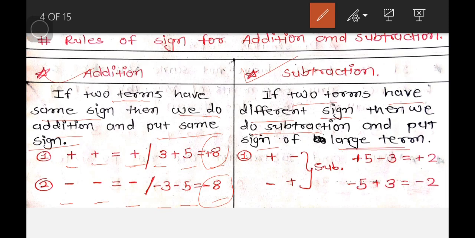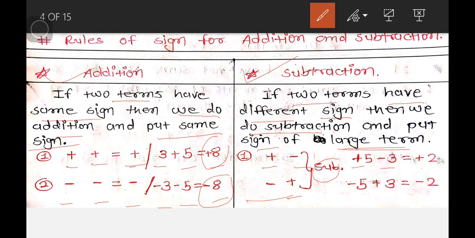If one has negative and one has positive sign, here given, if one term has positive sign and the other one has negative sign, or one has negative sign and the other one has positive sign, then we do subtraction. Here given one example, plus 5 minus 3. The 5 has positive sign and 3 has a negative sign. Here two terms have different signs, then we do subtraction.